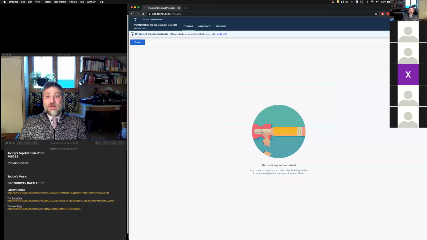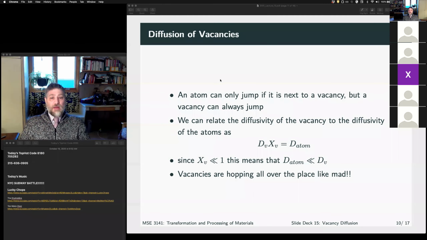And if we think about vacancy diffusion, we can think about atoms hopping into the vacancies, and we can ask the question, how fast do the atoms move through our solid? Normally, when we're talking about diffusion, that's what we really care about. I want to know, how fast does element B move through A? The other way of looking at it is, how fast do the vacancies move around, right?